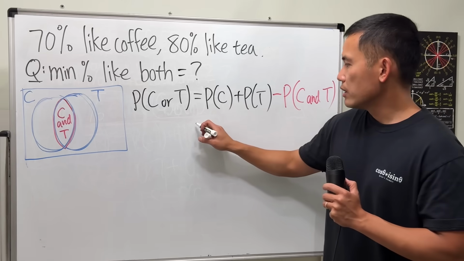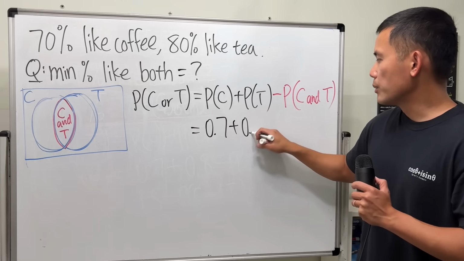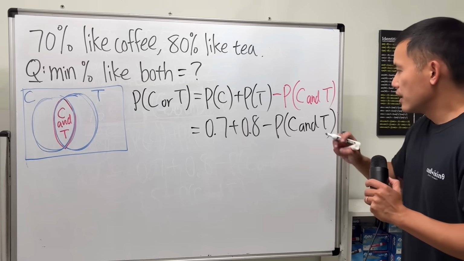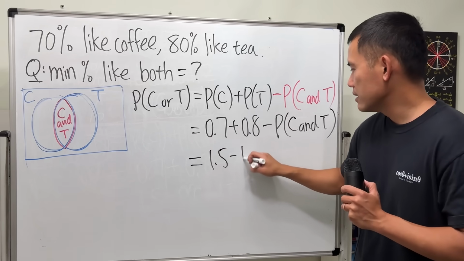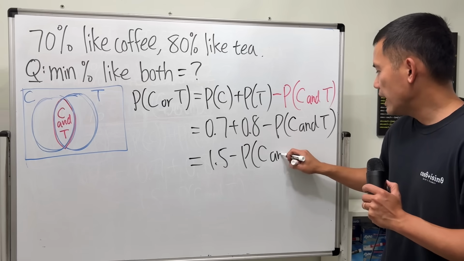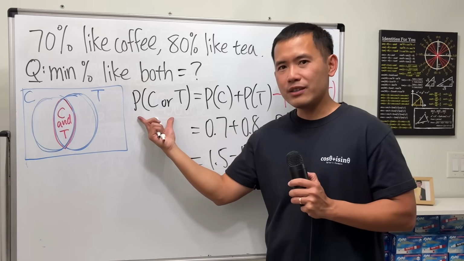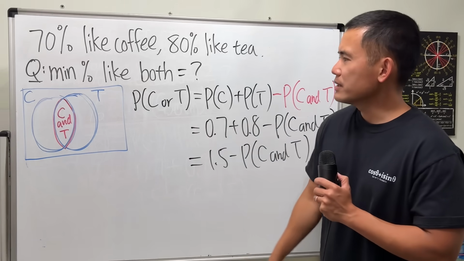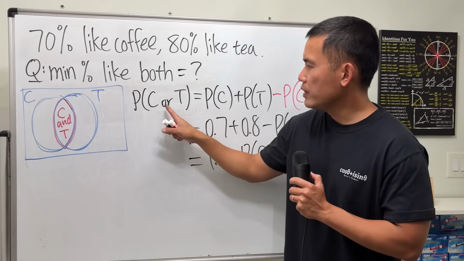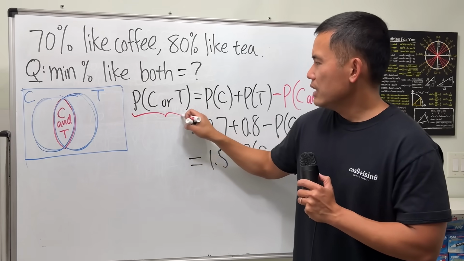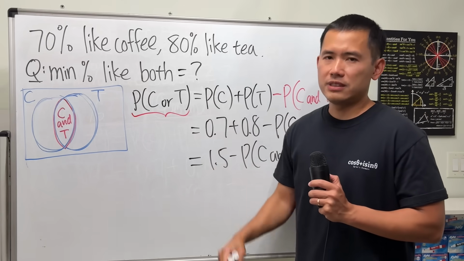Now, can we compute this? Yes, this right here is 70%, which is 0.7, and this right here is just 0.8, and of course we can add them up. That's just 1.5, and then minus P of C and T. But what's the left-hand side though? Let's think about it. The percentage of people who like coffee or tea was not given, but let's think about what's the maximum possible number for this.